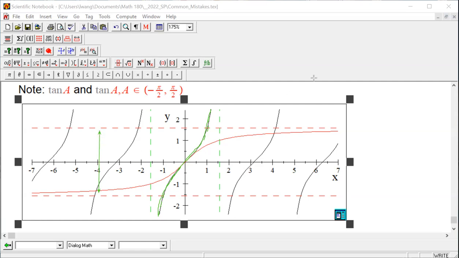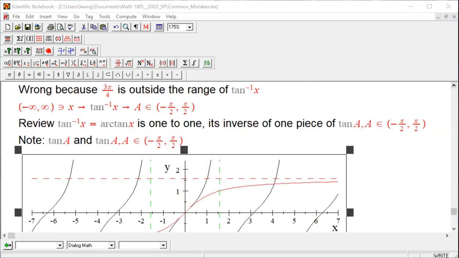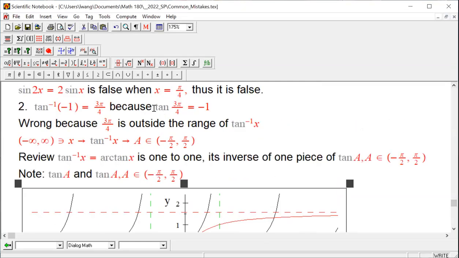That's why it is wrong to have 3 pi over 4. The student gave us the reason, because tangent of 3 pi over 4 is negative 1.